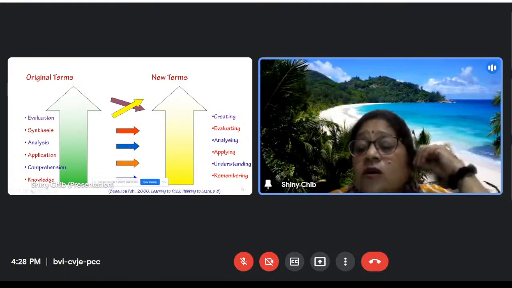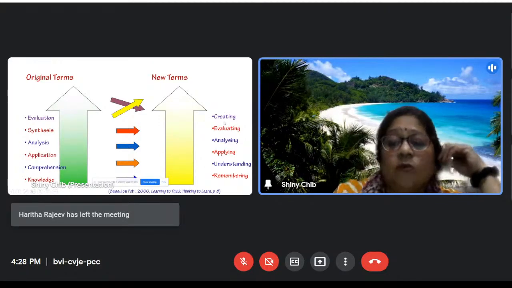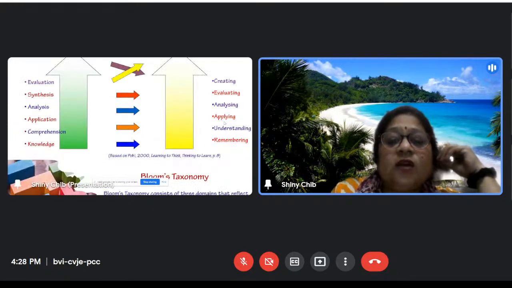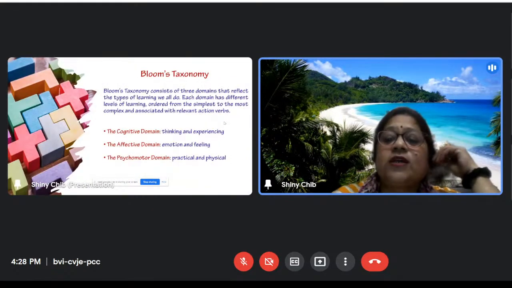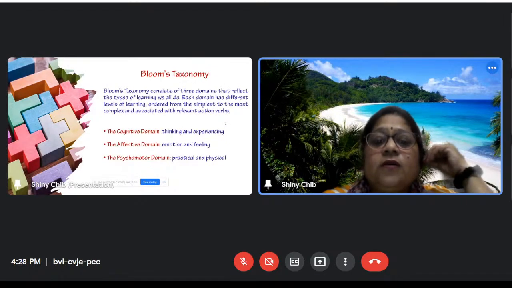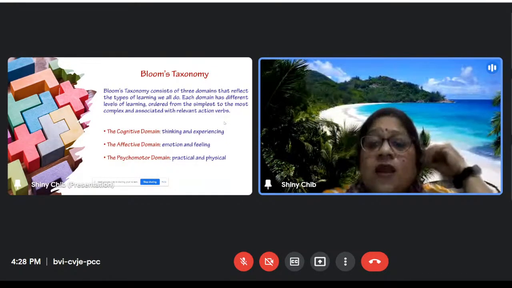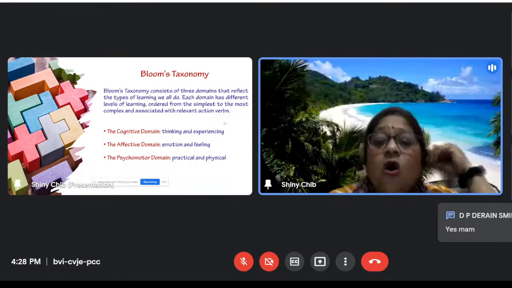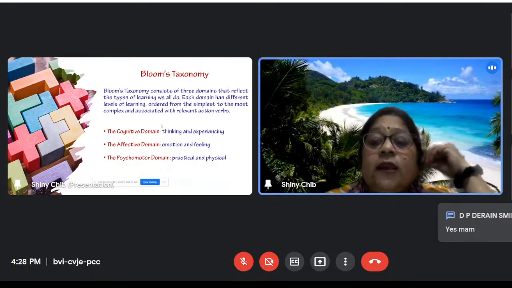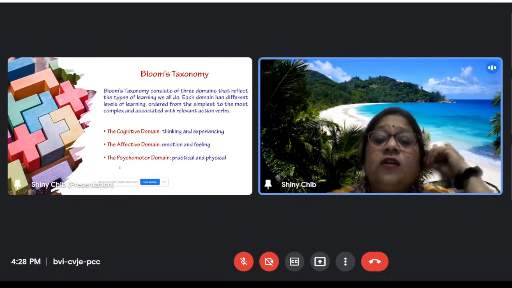So remembering is the lowest level and creation is the top level. I hope you people are getting what I'm trying to explain. This Bloom's taxonomy emphasizes all three domains, the levels of understanding.